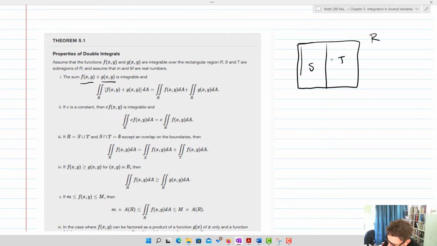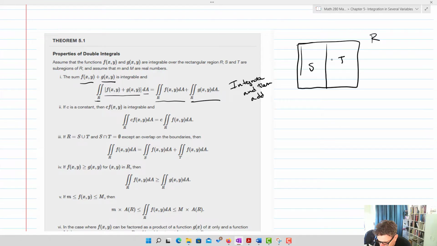And what that means for us is that if we take the double integral of their sum over a region R, then we can basically just add the volumes of the regions separately. So this is basically integrate and then add. Oftentimes that's going to be a lot easier for us, or it might be really handy from a theoretical perspective. We can add then integrate, or we can integrate and then add.